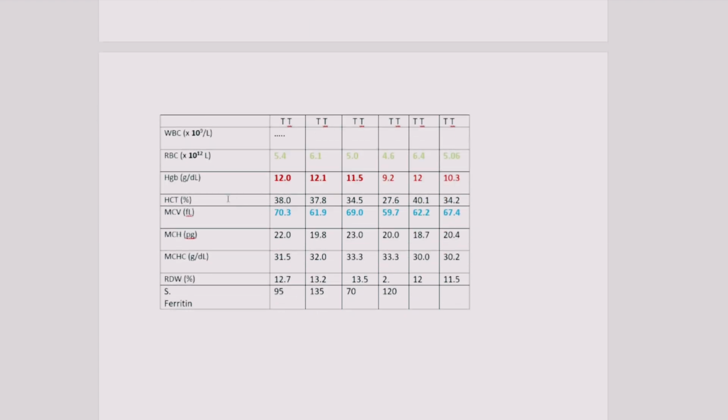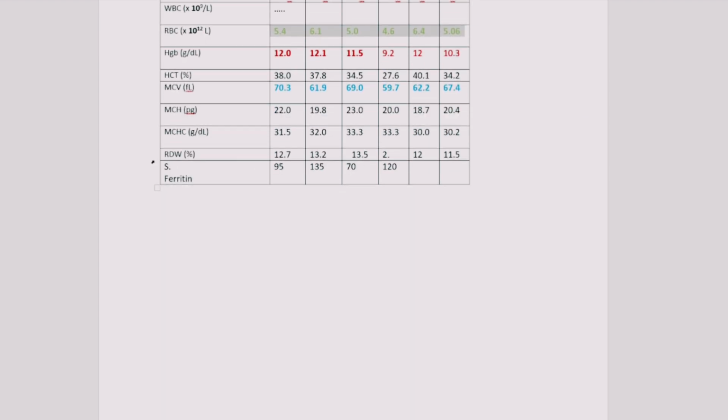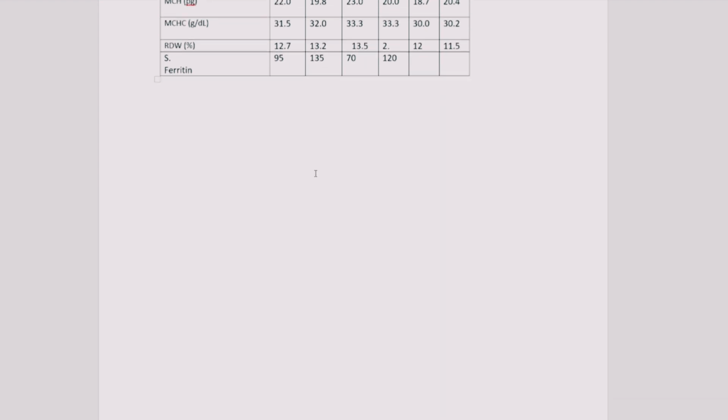In contrast, in thalassemia trait, you will find marked or moderate microcytosis, as seen here, contrasting the minor degree of anemia or the no anemia or normal hemoglobin. And RBC count is usually more than 5 million. RDW, as you see in thalassemia trait, is normal.